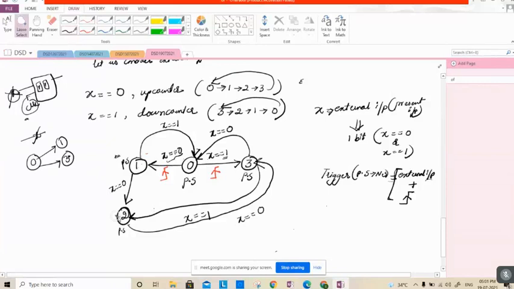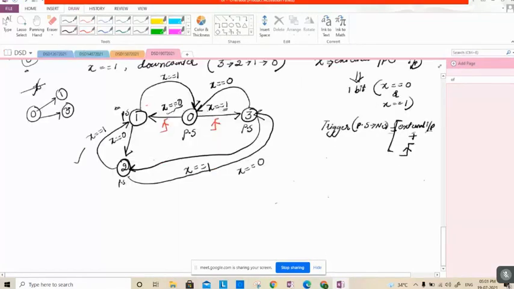Present state is 2, x is equal to 1. Right. Is it clear for everyone? Any doubts in this? So in textbooks, the same thing will be written in this way.